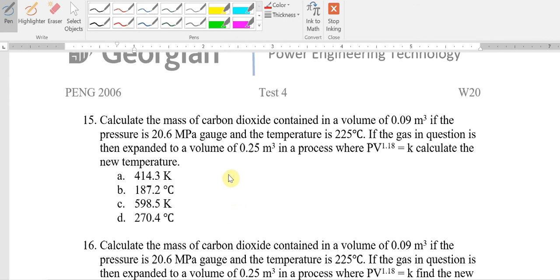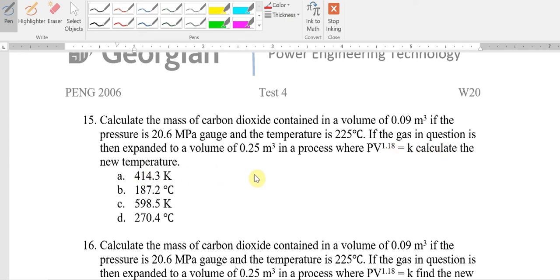Calculate the mass of carbon dioxide contained in a volume. Since these questions on a normal test would have wound up sequential, I could have just asked about the previous gas, but because the question showed up randomly on your online test, I had to give you the information all over again. So calculate the mass of carbon dioxide contained in a volume of 0.09, if the pressure is that, and the temperature is that, if the gas in question is then expanded to a volume of that, in a process where PV to the 1.18 is a constant, calculate the new temperature.